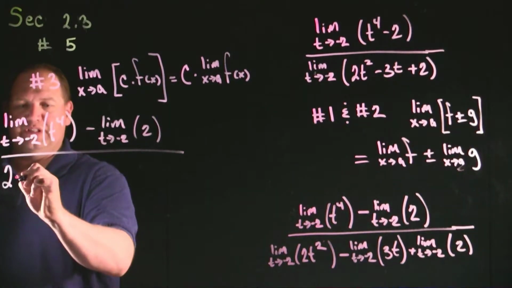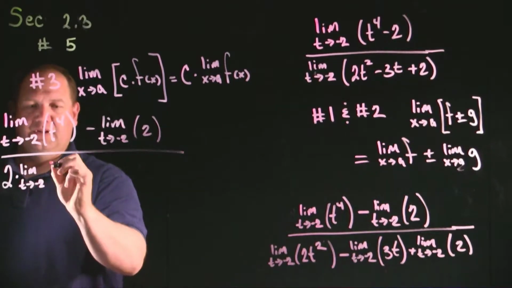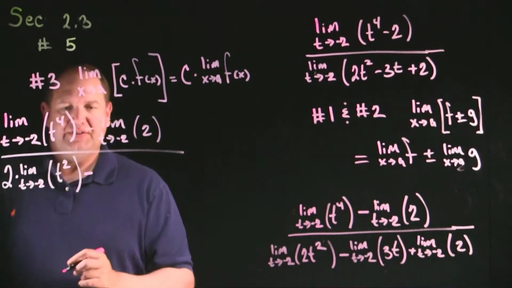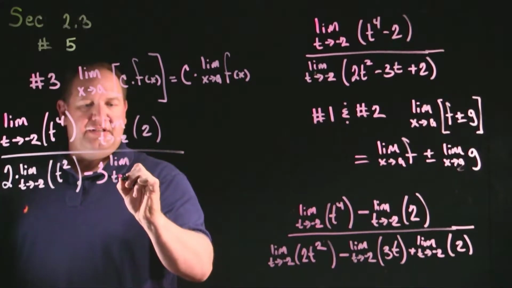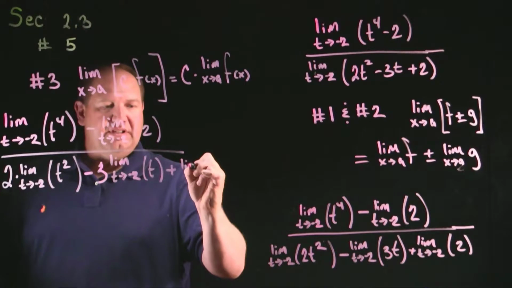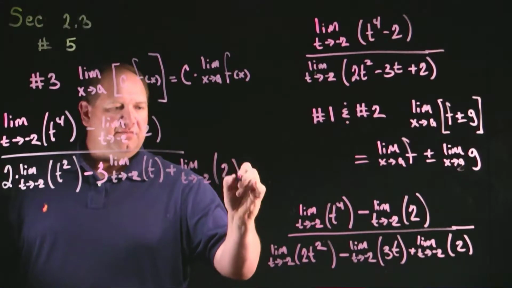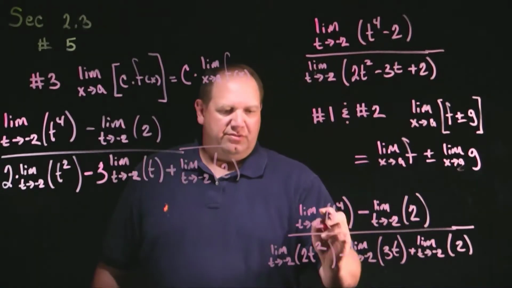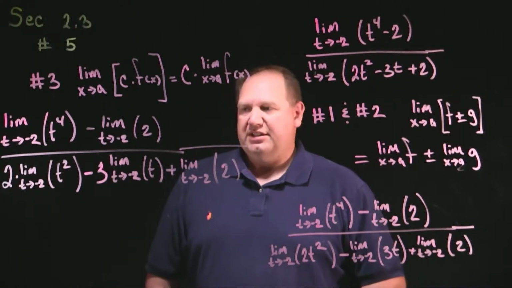So 2 times the limit as t approaches -2 of t squared minus 3 times the limit as t approaches -2 of t plus the limit as t approaches -2 of 2. Okay? So I applied limit law number 3 to my original function, and I moved the 2 to the outside and moved the 3 to the outside.